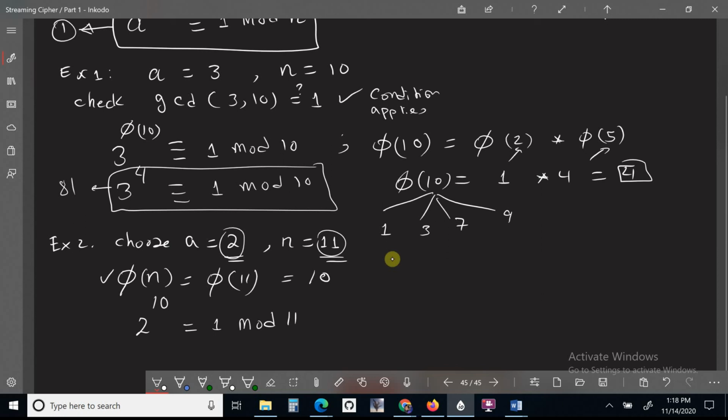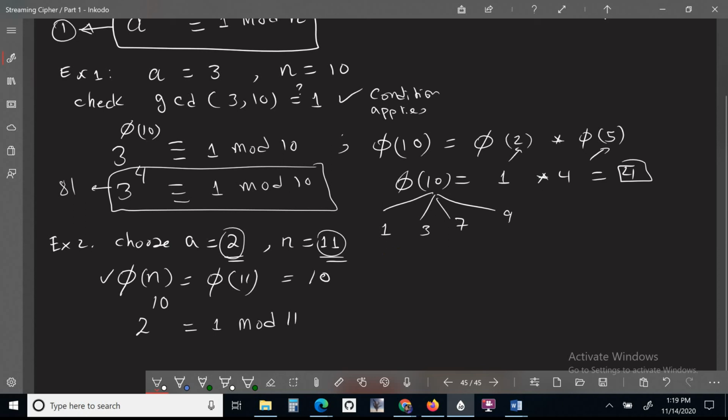Now this is what we have come up with. So 2 to the power 10, and of course this will be useful in modular arithmetic. So this is the result.